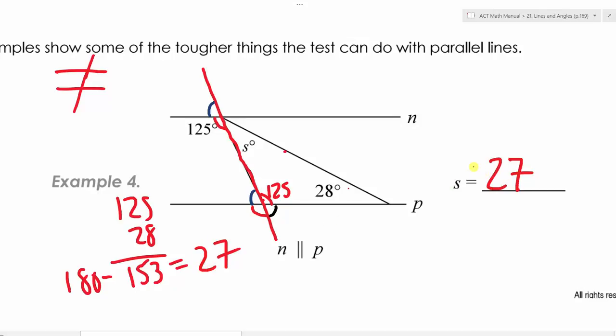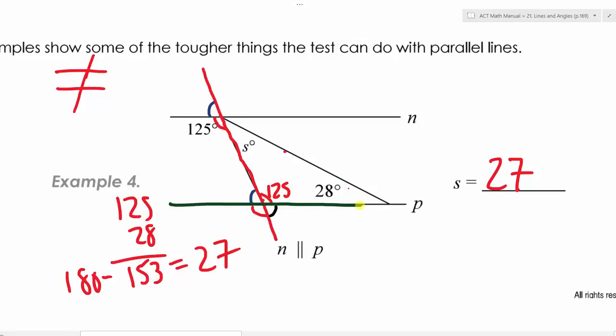Now again, there are other ways to do this. One way that some students are able to see very simply here is that there is a Z formed here. So actually, let me do this in a different color. I'll do it in green.